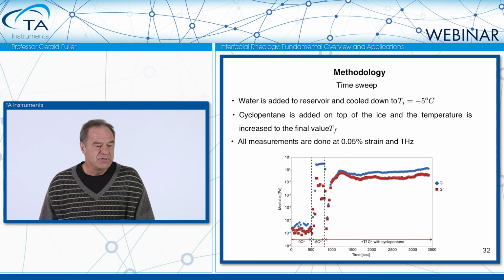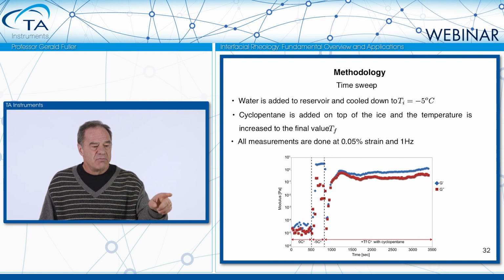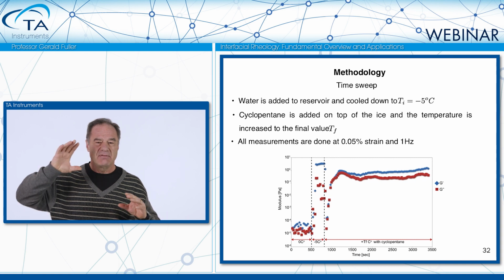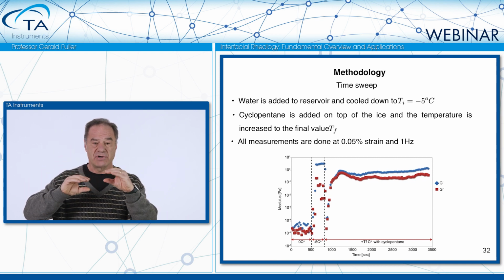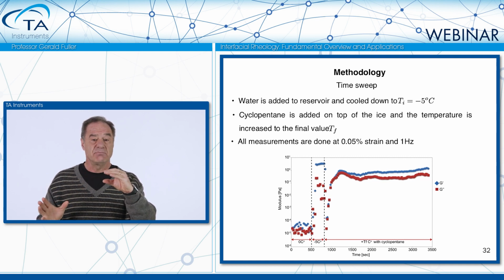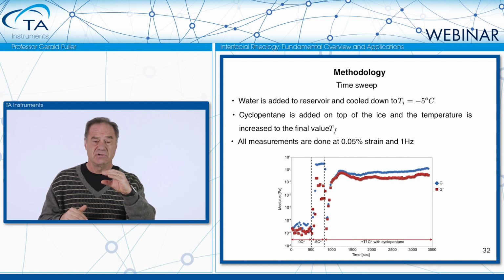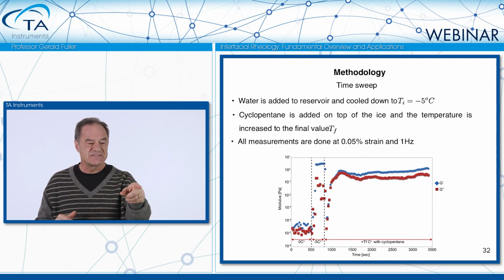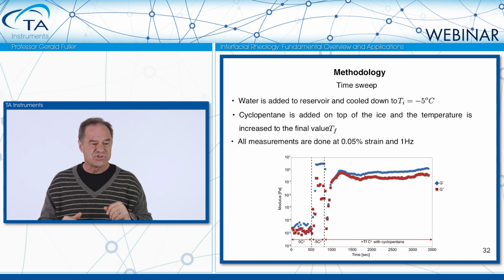So here's what you need to do. First, for the first 500 seconds, we just had water in the system, no cyclopentane, and no ice is formed. You have to go below 0, and you can see that when we go to -5, the modulus shoots up.